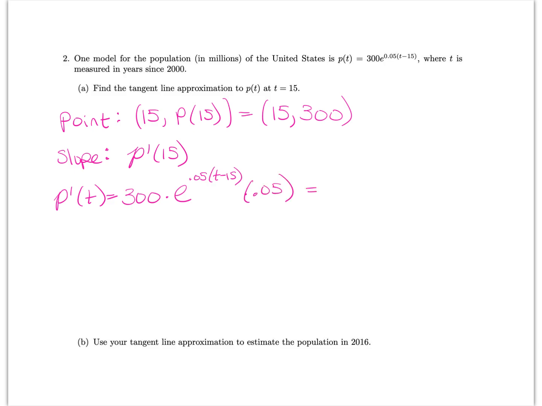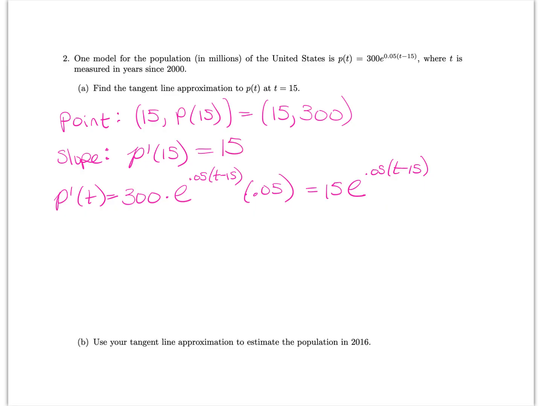So that comes out to 15 e to the 0.05 times (t minus 15). So P prime of 15, when I plug a 15 in here for t, that's a 0, and I get 15.